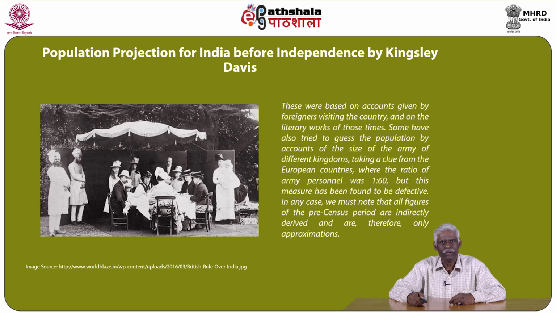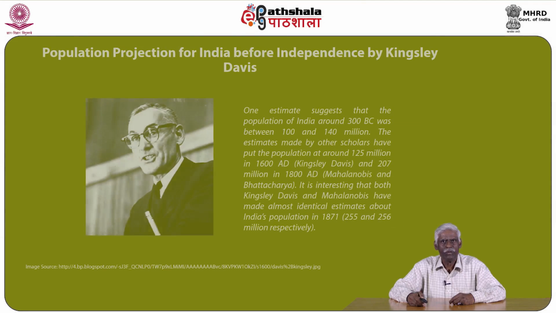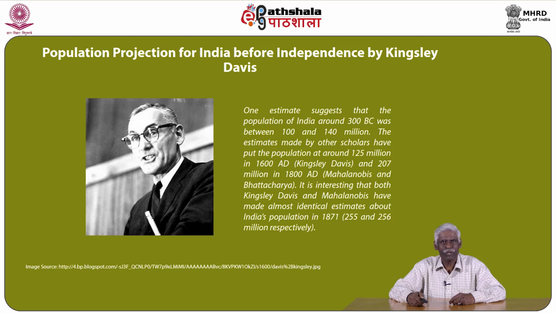In any case, we must note that all figures of the pre-census period are indirectly derived and therefore only approximations. One estimate suggests that the population of India around 300 BC was between 100 and 140 million. The estimates made by other scholars have put the population at around 125 million in 1600 AD, as brought out by Kingsley Davis, and 207 million in 1800 AD, as mentioned by Mahalanobis and Bhattacharya.